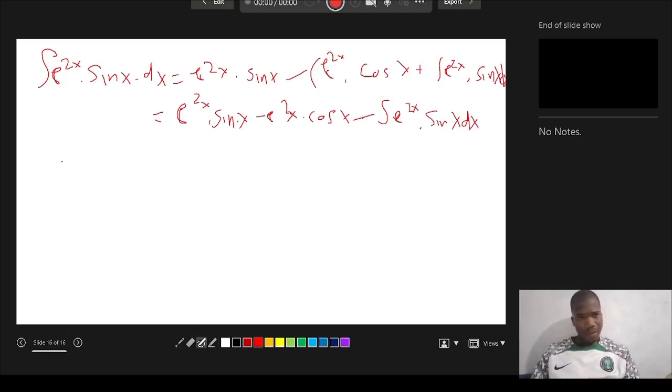So now we see that we still have the same thing, which is the integral of e to the power 2x sine x dx, and the same thing.